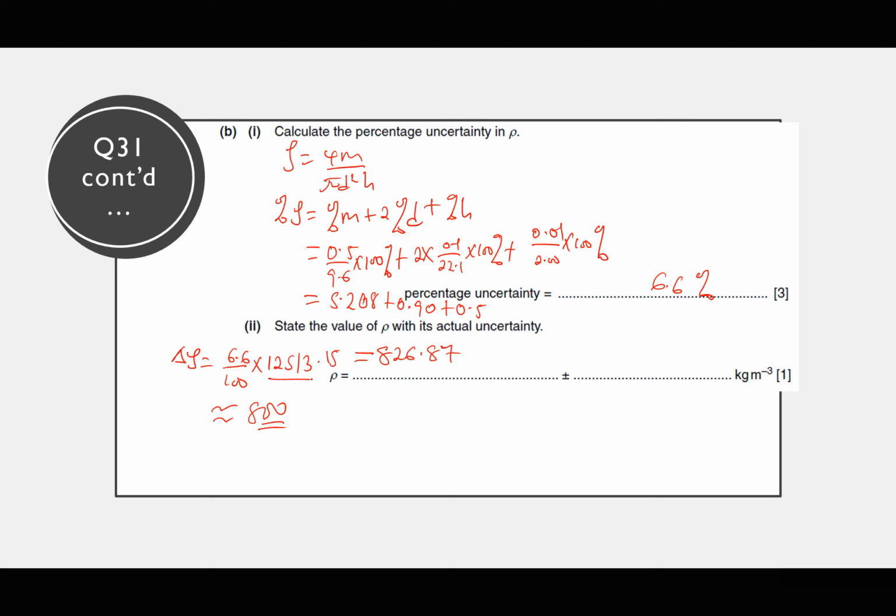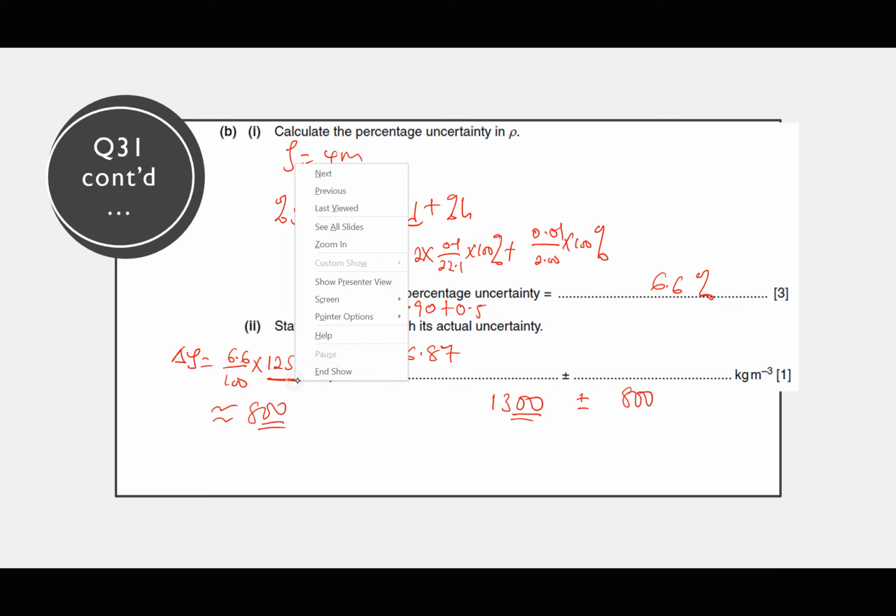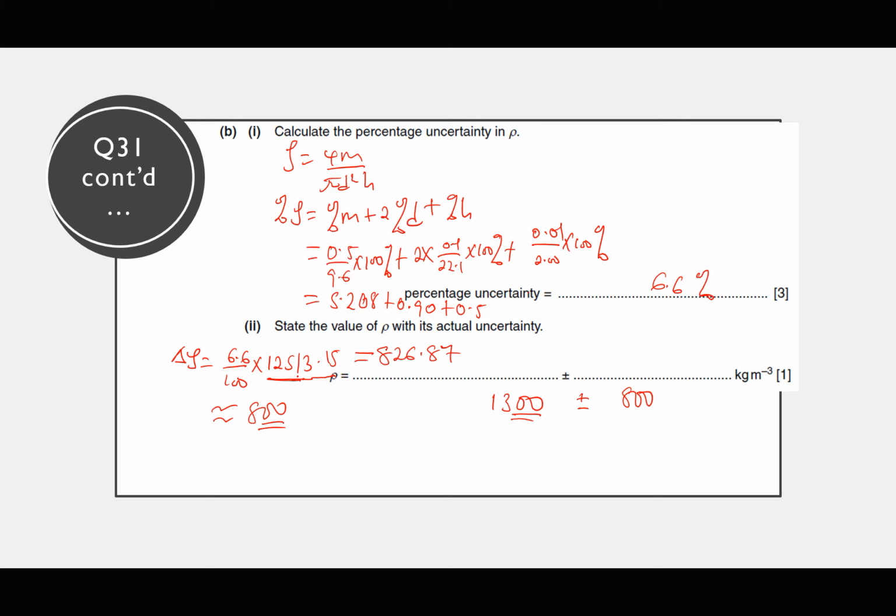So we are going to write this as a whole number ending in two zeros because this is 8, this is 800 plus or minus. So this will become 1300 to round off this so that it is a whole number.